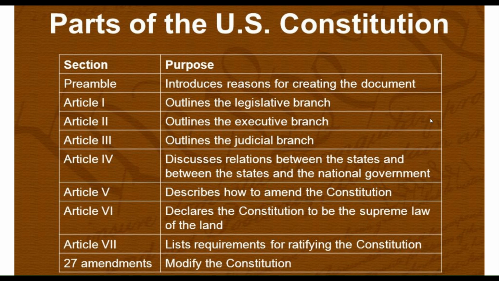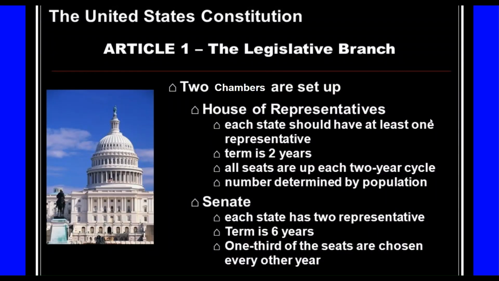Article 1 follows the preamble, which is the introductory paragraph, and Article 1 is about Congress. Another phrase for Congress is the legislative branch of the national government. The United States Constitution sets up the rules for the legislative branch in Article 1.